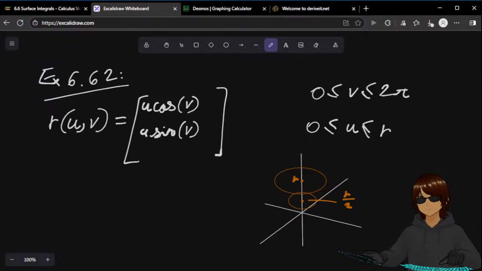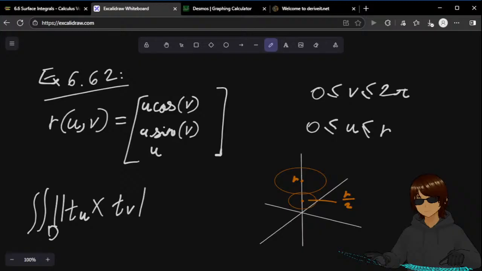Now, this will vary. This will be U, right? Then this will define a cone, from 0 all the way till R. Now they want the cross product.